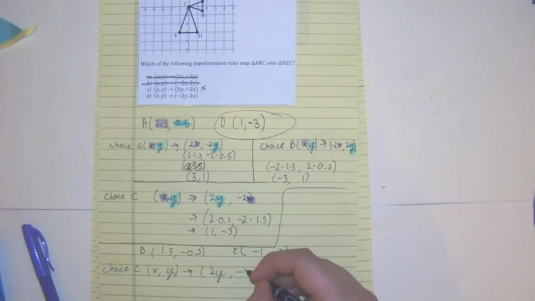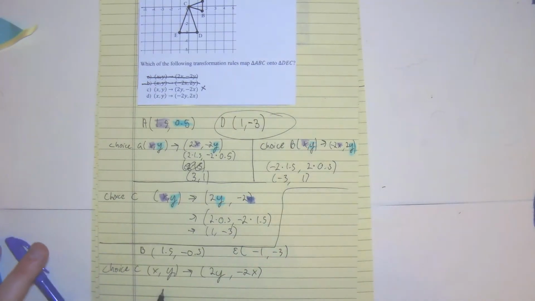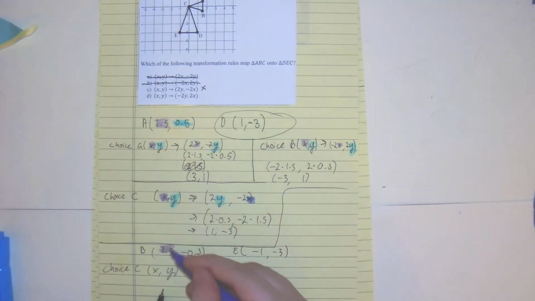2y, comma, negative 2x. So what we have here, our x value, it's going to go right here.